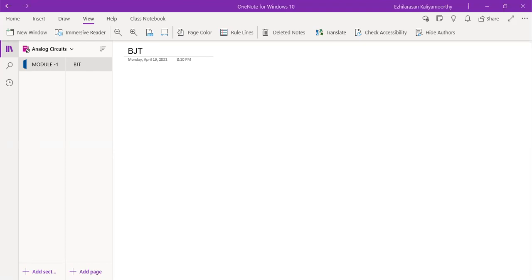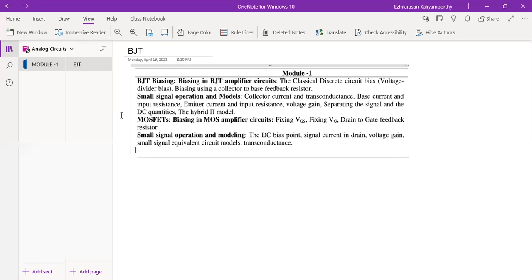Now as for the first module, we need to know whatever things we are going to study in module 1. Module 1 consists of BJT biasing. We are going to study the biasing in BJT amplifier circuit, but straight away we cannot study it.